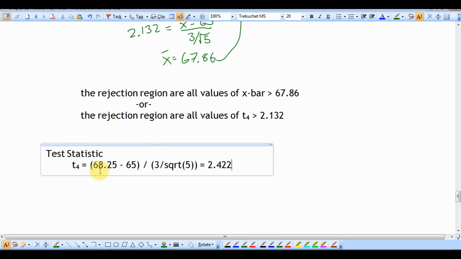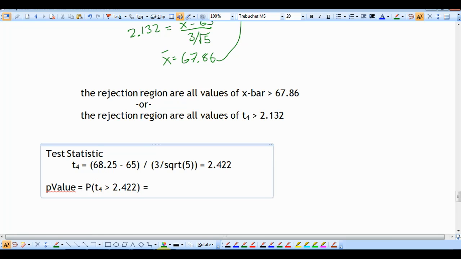We might as well compute the p-value. This is a T distribution, you can use tcdf, right? T sub 4 is greater than 2.422. You know that value is going to be less than 0.05 at this point, right?